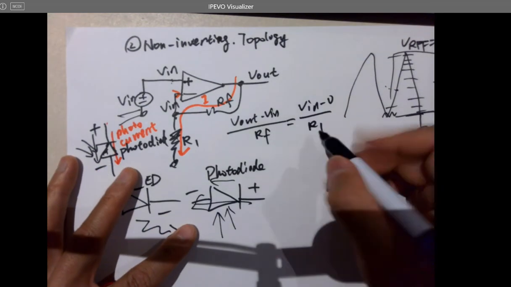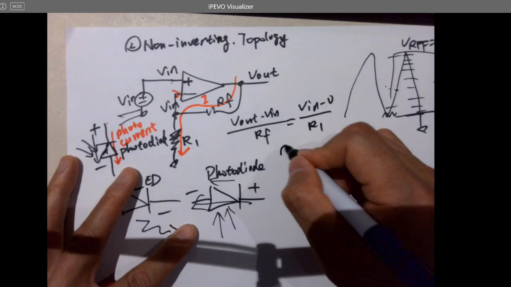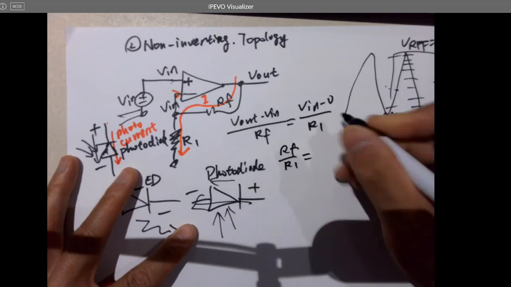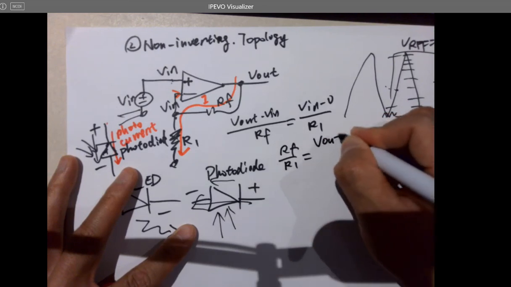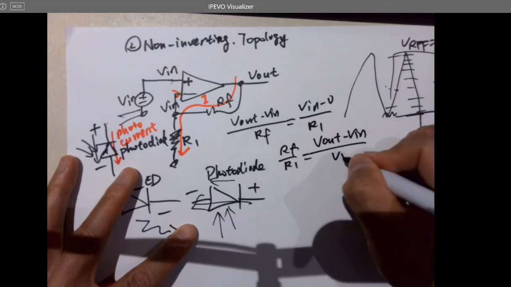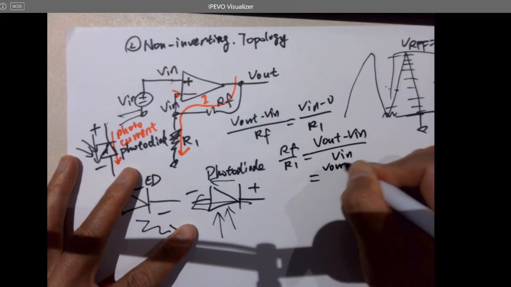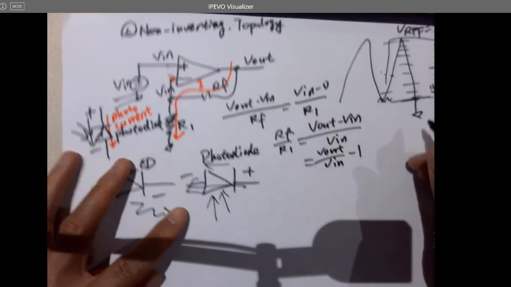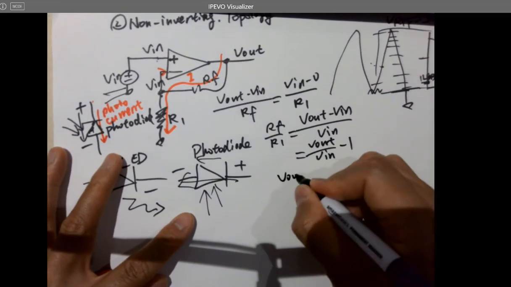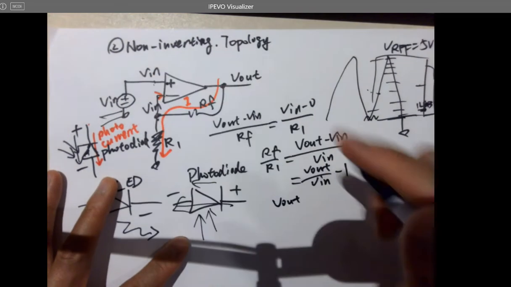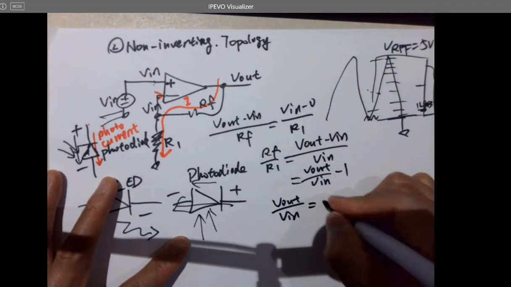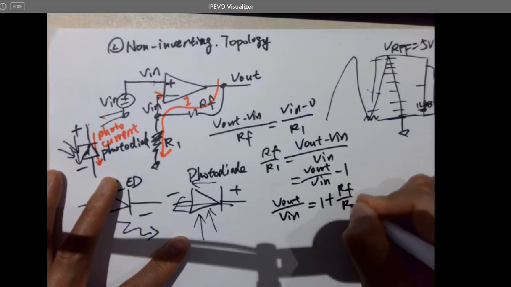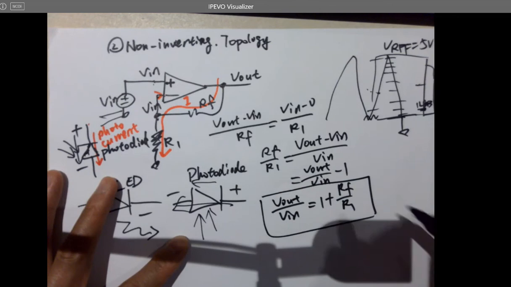Then move the Rs around, so we get RF over R1 equals (Vout minus Vin) over Vin, which is Vout over Vin minus 1. Or I can say the voltage gain for this non-inverting topology is Vout over Vin equals 1 plus RF over R1. And there's no negative sign.